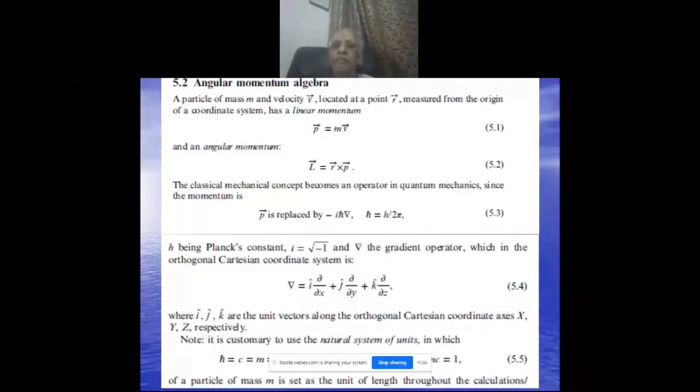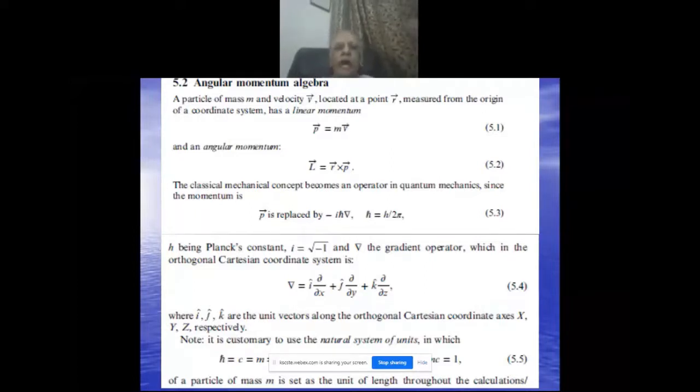If you know the position exactly, then you do not know the momentum exactly. These are known as canonically conjugate variables. That becomes physics, so I will not go into that detail. But the whole of quantum mechanics started with an ad hoc replacement, saying let the momentum be replaced by minus i h-bar cross del. And del is your del operator, and that's how your mathematics comes into the picture.